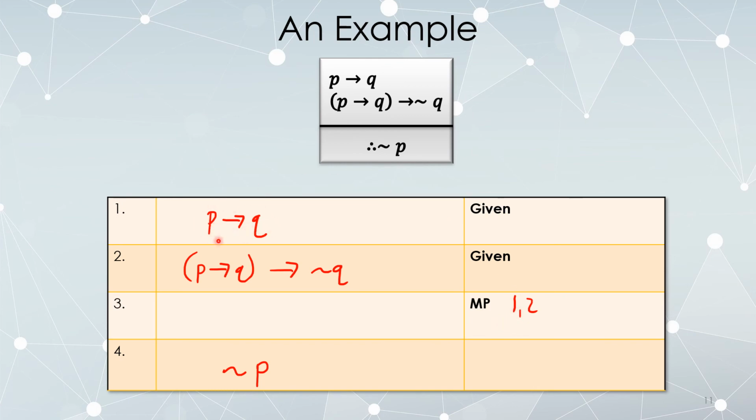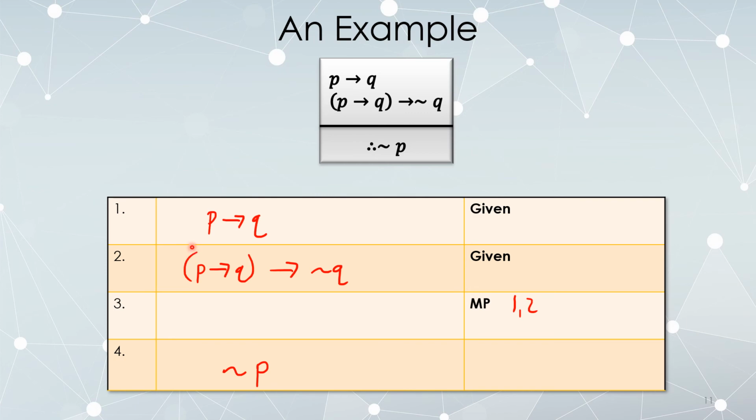Sure, it's a conditional statement, P implies Q. But if this is my conditional statement, the other line I refer to has to be its hypothesis, which is P. I don't have a line that just says P. And I also don't think I have the line not P. This line doesn't really exist yet. Okay? So if I refer to this as my conditional statement, the only hypothesis I could possibly refer to is P, and that doesn't exist.